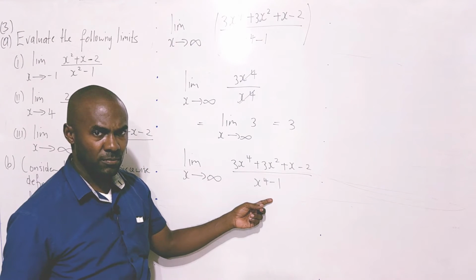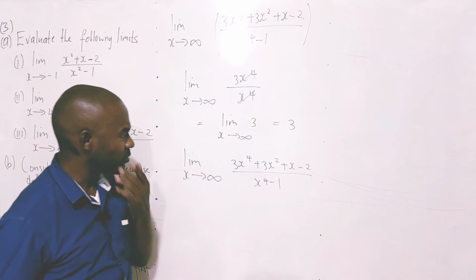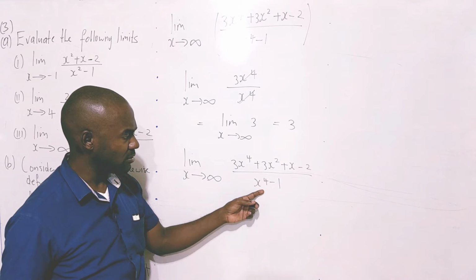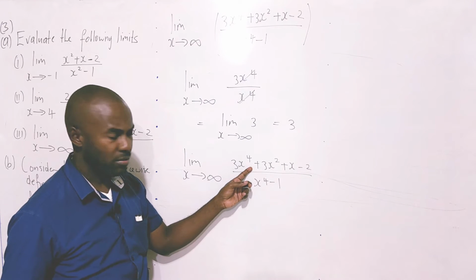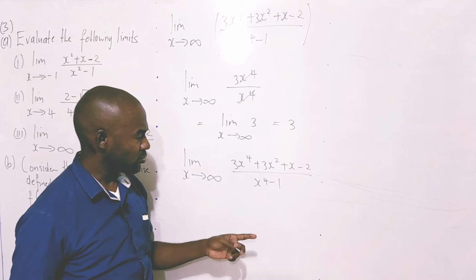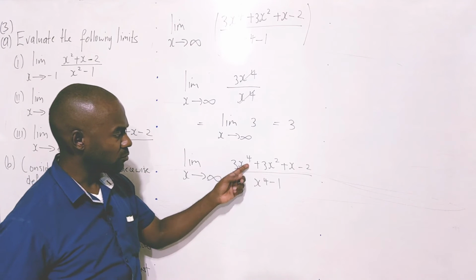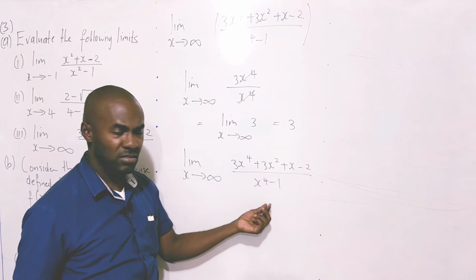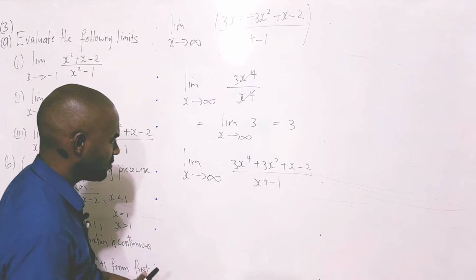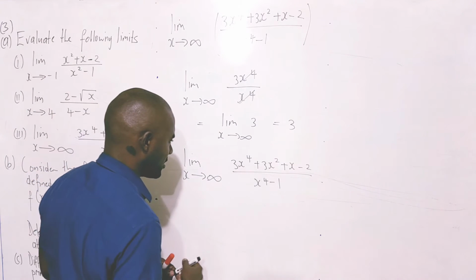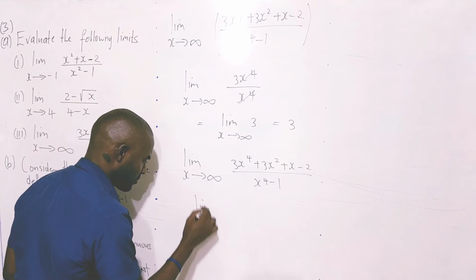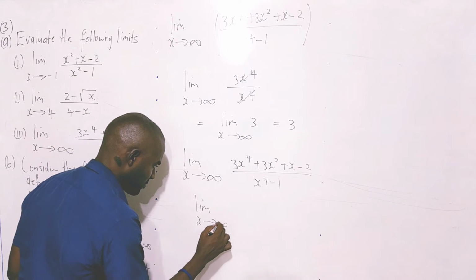So what we can then do is to divide both numerator and denominator by x to the fourth, the highest power of x. So whatever we do to the numerator, we must also do to the denominator to ensure the function maintains the same value. So dividing both numerator and denominator by x to the fourth, this gives us the limit as x approaches infinity.